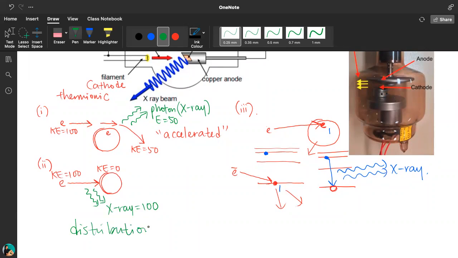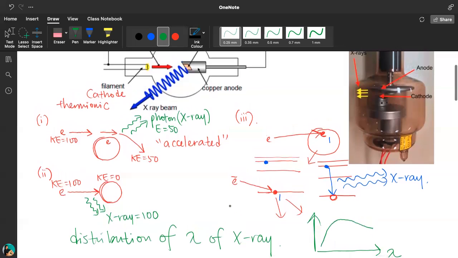That is what gives rise to, we say, a distribution of wavelength. Distribution of wavelength. Because wavelength of what? Wavelength of X-ray. Like in the graph of wavelength, you will see all different wavelengths of X-ray is produced. This is because electrons, they all have different kinetic energy.